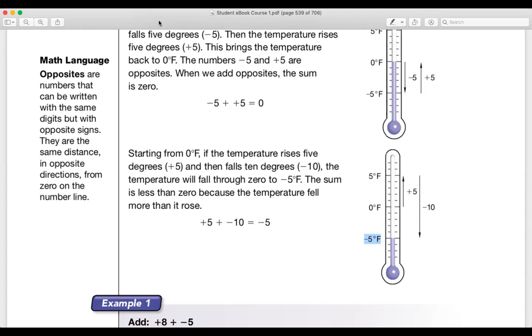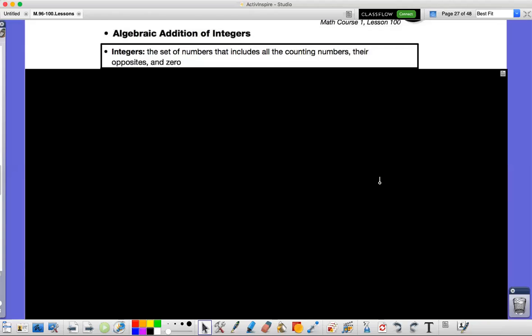All right, let's look at what we've got on the assignment here, or just run through some of these examples. So again, just in review, integers are the set of numbers that include all the counting numbers, their opposites, and 0. They won't include decimals like 2/10 or 3/10, 4/10, or 3/8, fractions, or any of those kinds of things.